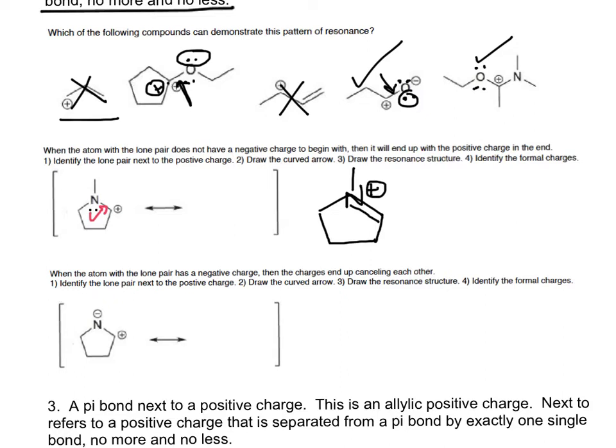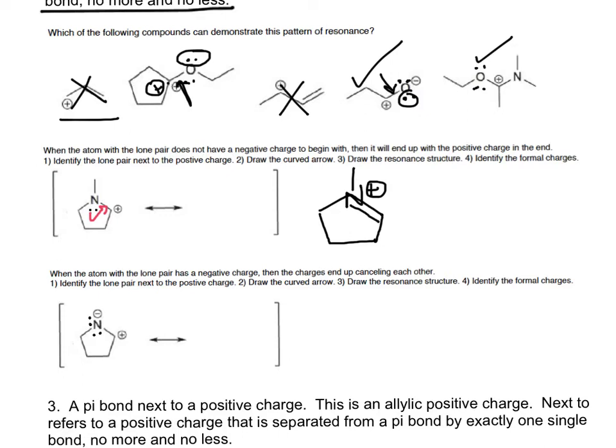So we had a positive charge in the first structure, and we end up with a positive charge now on the nitrogen. In this bottom structure here, for the nitrogen to have a negative charge, it must have two lone pairs on it and two bonds.